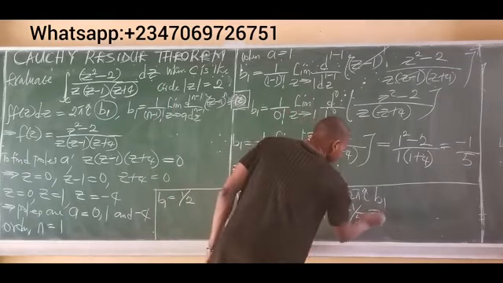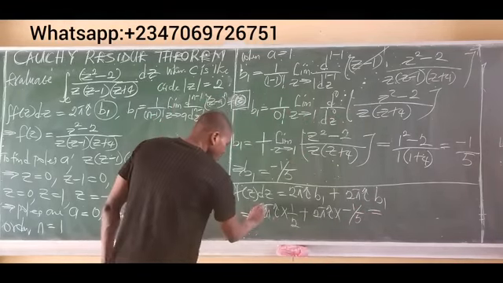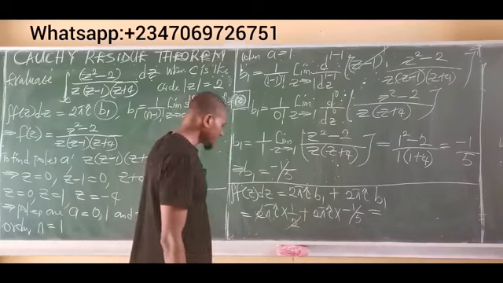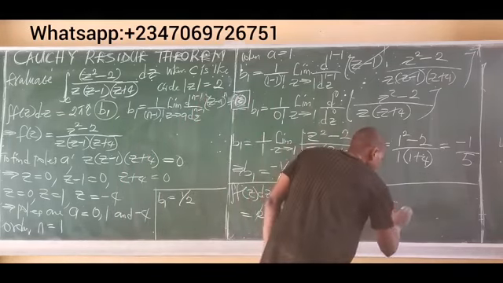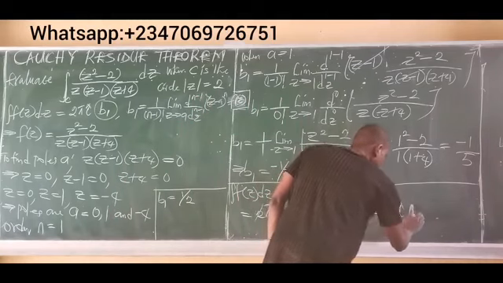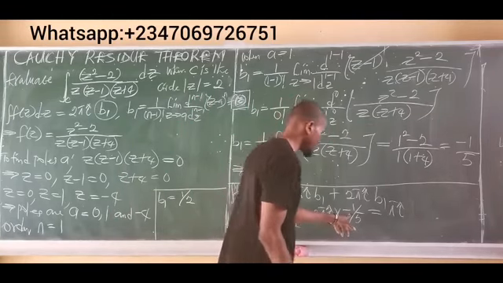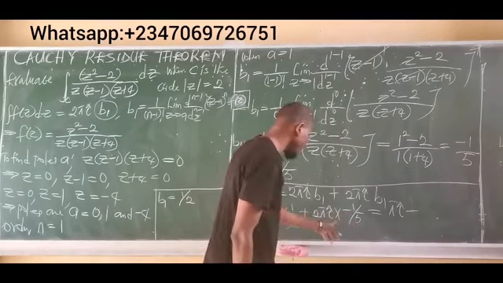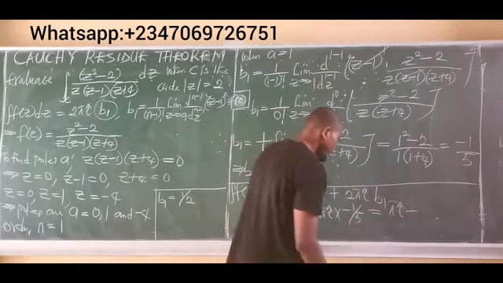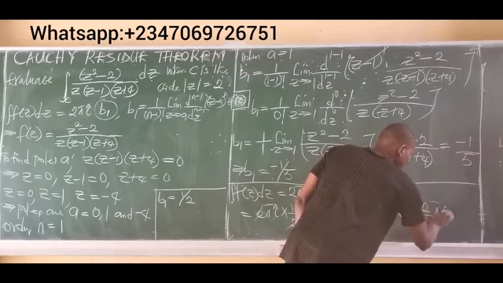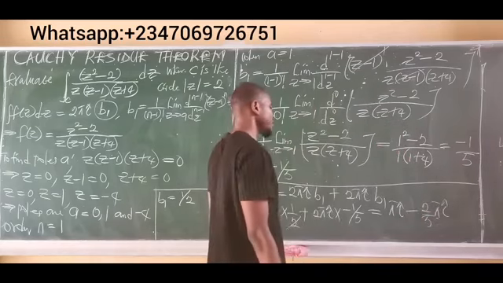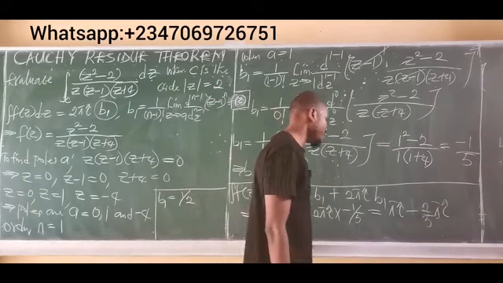So this is equal to, from here, 2 cancels 2. I have pi I multiplied by 1, which remains pi I. Now this is minus, so minus 2 over 5 pi I. Okay, so you can actually go ahead to evaluate this.